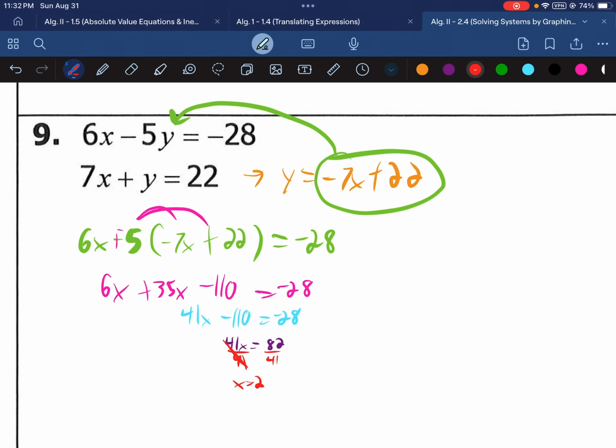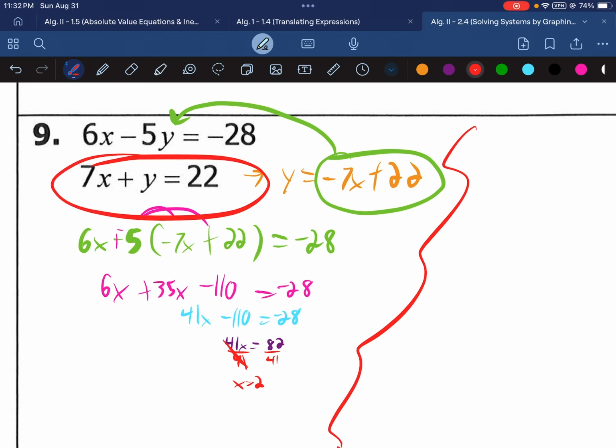So now that I have one variable by itself, I'm going to go ahead and plug it into either of the original two equations to solve for the other variable, the y. Now, this one looks slightly easier to me because it's a 1y and 22 is smaller than 28.